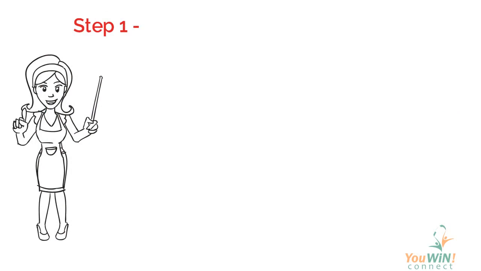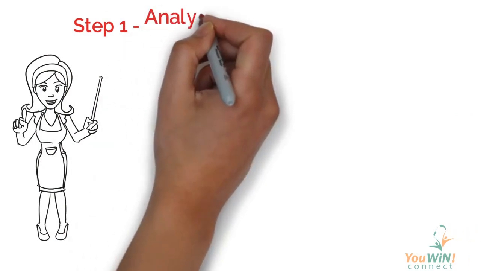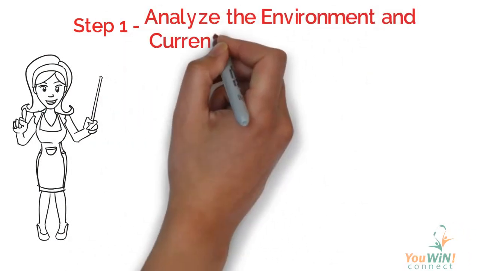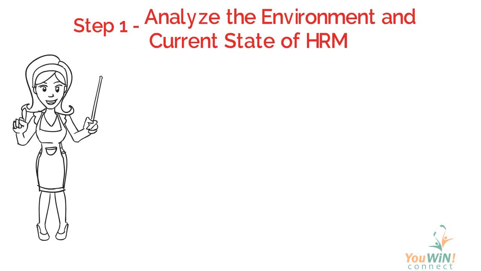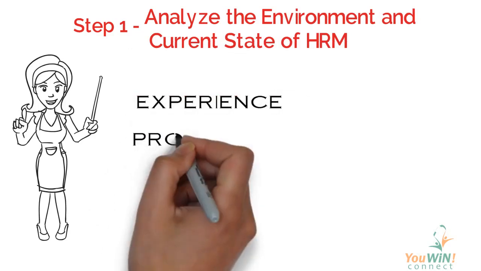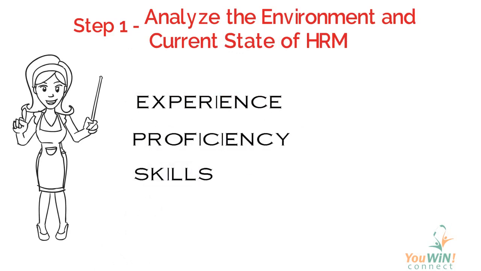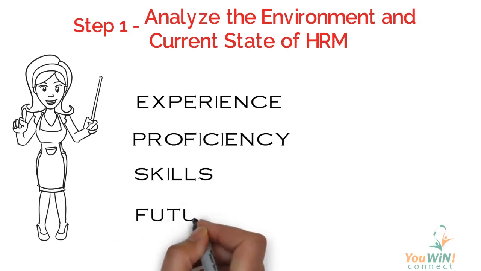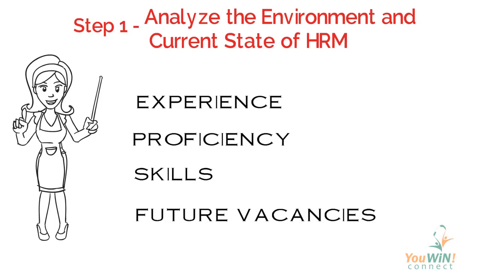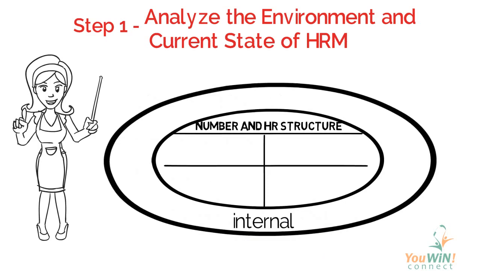The first step in HR planning process is to analyze the current manpower supply in the organization in terms of the experience, proficiency, skills, etc. that an employee requires to perform a particular job. The future vacancies can also be estimated so as to plan for the manpower from both the internal, that is within the current employees, and the external, when you have to hire candidates from outside.